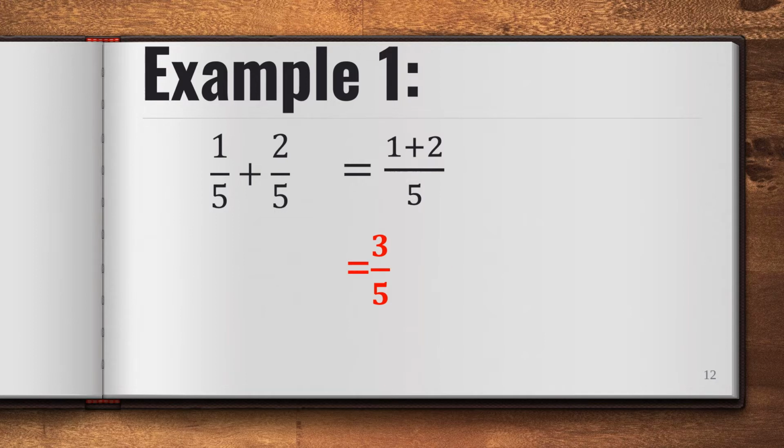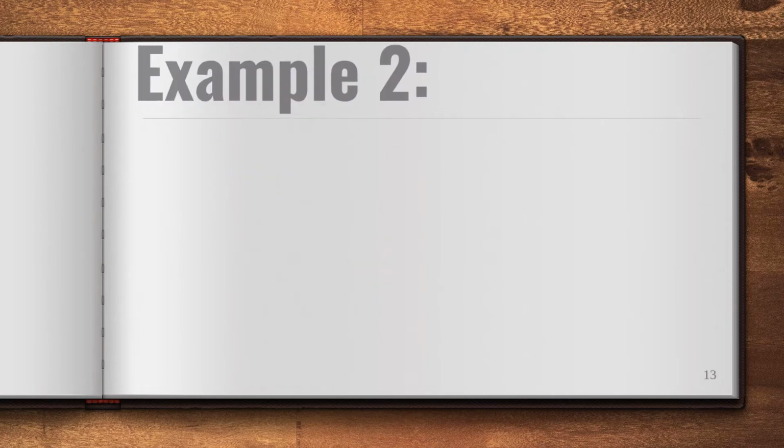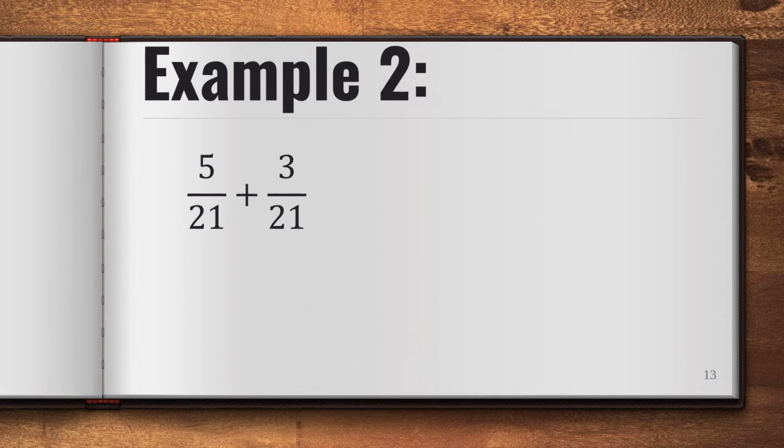Let us have another example. For the second example, we have 5 over 21 plus 3 over 21. Applying the rule, we just add the numerators. The numerators are 5 and 3, so 5 plus 3 is equal to 8.